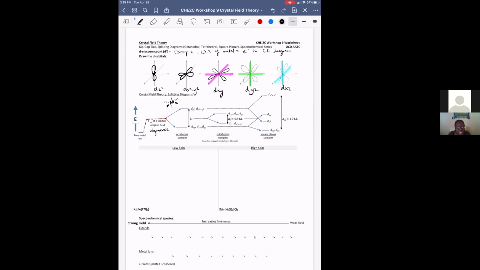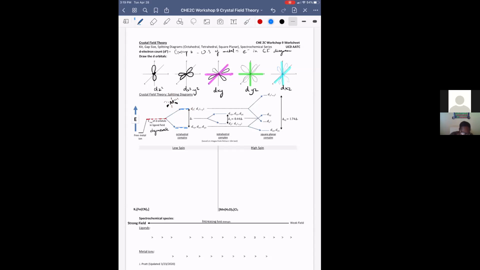And if we just use our Cartesian coordinate system, you can imagine that our dx squared minus y squared and our dz squared orbitals will have better overlap with the ligands occurring on these axes. So they'll be higher in energy. And then our lower energy orbitals will be our dxy, dxz, and dyz orbitals, right? So that's our octahedral splitting.